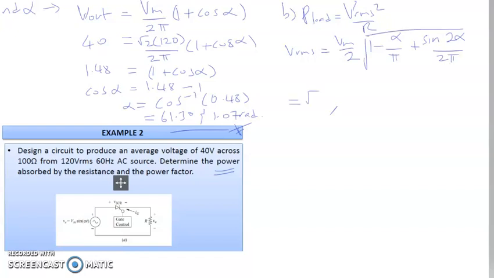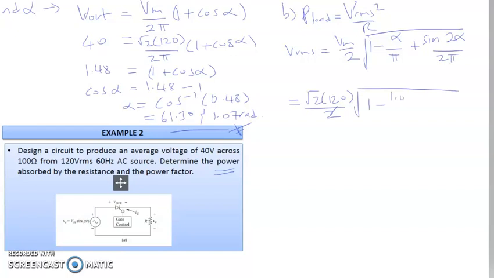So we can actually use two approaches, by using the formula or by using the curve. We'll learn about the curve in the incoming topics. But for this exercise, we proceed with the formula first.